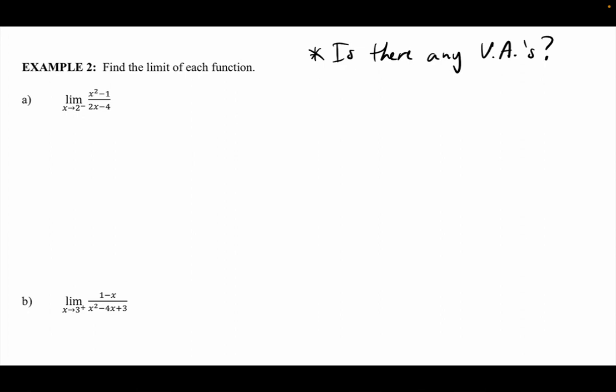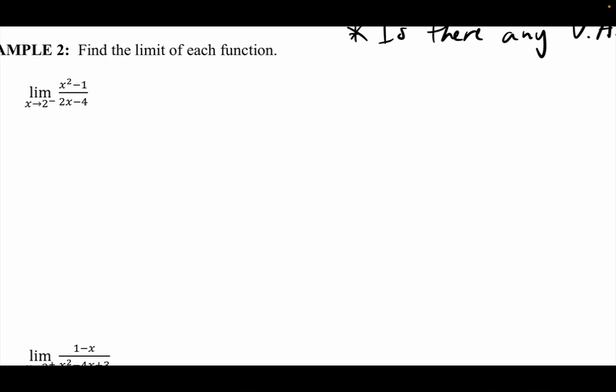But what's going to happen when I plug in 2? It's not going to work. So the first thing I need to do is figure out if there's a vertical asymptote. There is a vertical asymptote at x equals 2. We know that from 1a.